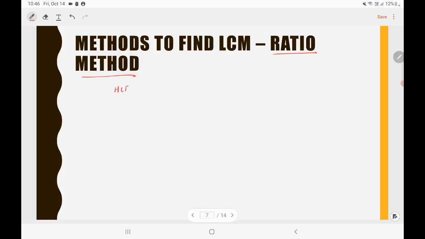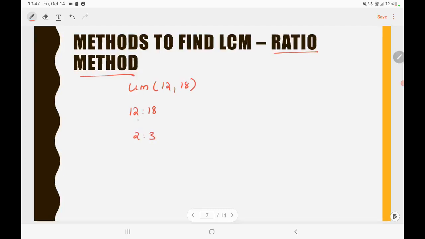We need to find the LCM of 12 and 18. First you need to find the ratio of 12 and 18. The ratio of 12 and 18 is 12 is to 18. If you divide this by 6 on both sides, you will get 2 is to 3. So the ratio of 12 and 18 is 2 is to 3. Okay, now you do the cross multiplication. Either you can do 12 into 3 or you can do 18 into 2.